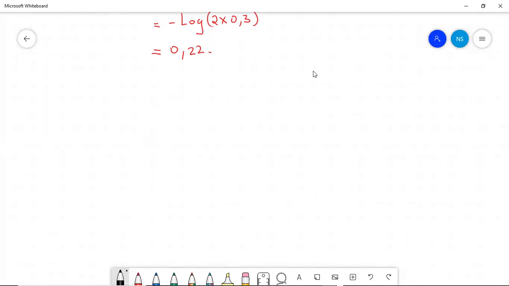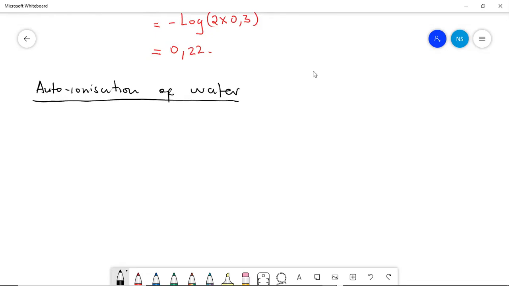So let's look at what we call the autoionization of water. The autoionization of water is simply a process where water reacts with itself, right?